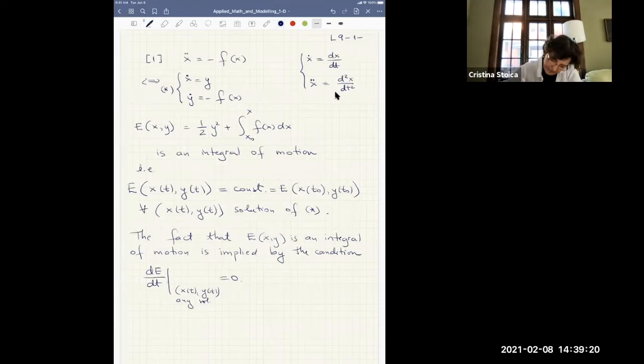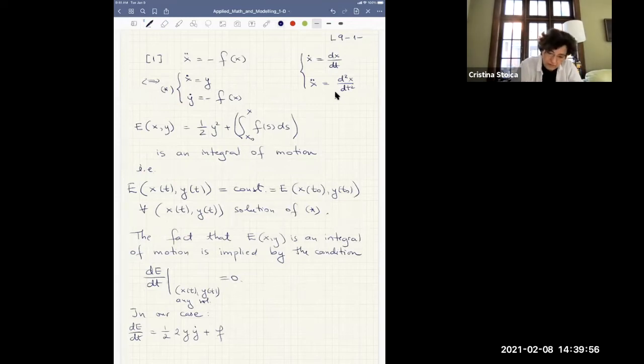So in our case, let's see how we do this. We would do d/dt. This would be 1 over 2 times 2y, y dot, plus now the derivative of this thing here with respect to x. And this is wrong. I should put a different letter inside, and nobody says anything. Wake up.